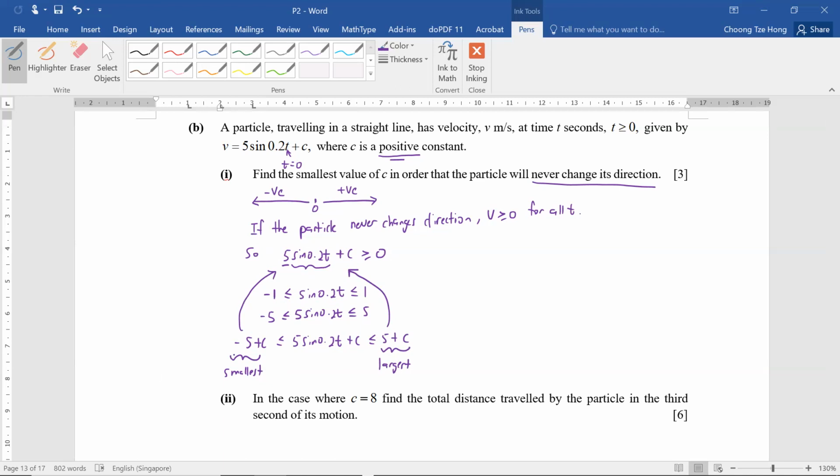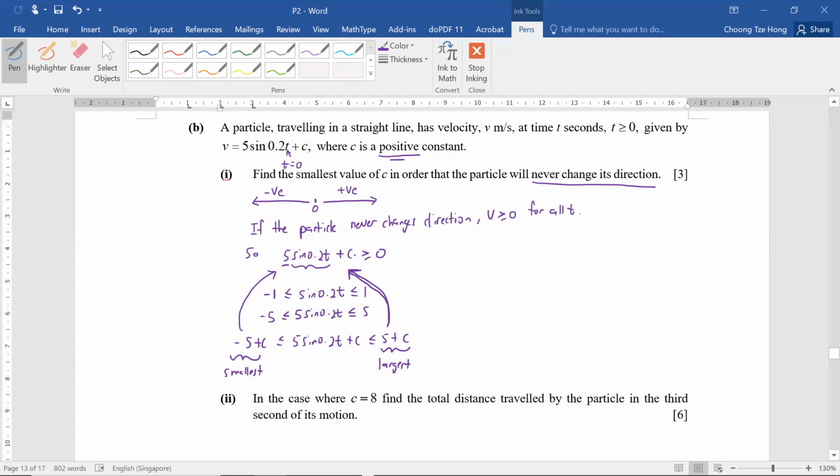Because if the largest value is greater or equal to 0, it doesn't mean the smallest value is greater or equal to 0. If the largest value satisfies the inequality, it doesn't mean the smallest value satisfies it. The smallest value could still be smaller than 0.